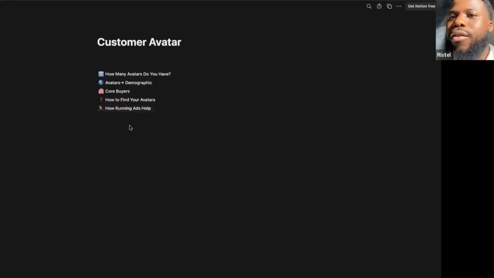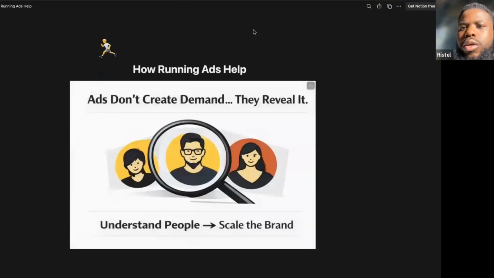So, how running ads actually helps to identify more customer avatars. Ads don't create demand, they reveal it. Understand people, scale the brand. This is, I think, personally, one of the most pivotal things for any brand. And it's not just running ads, but it's when to run ads.